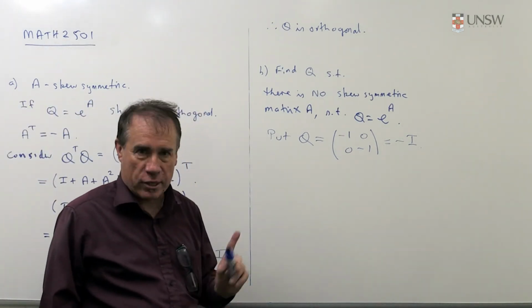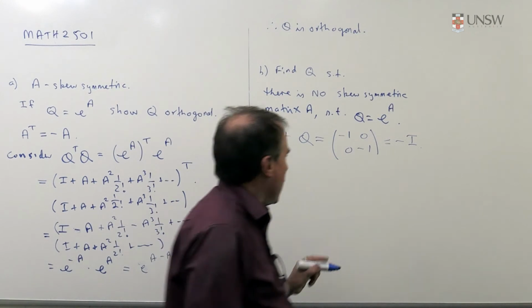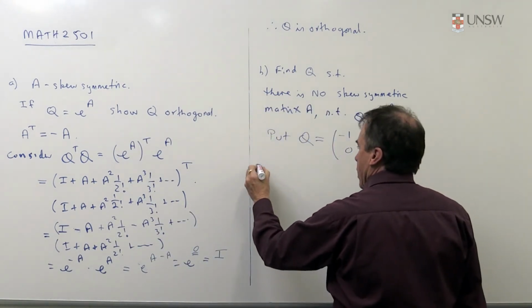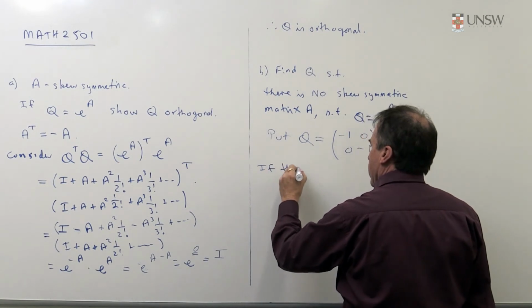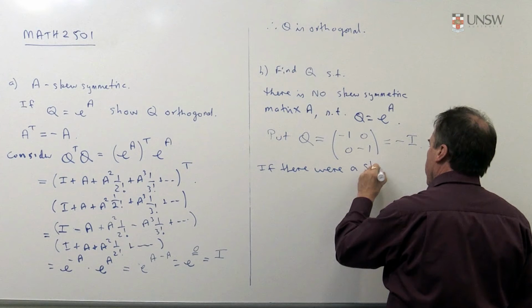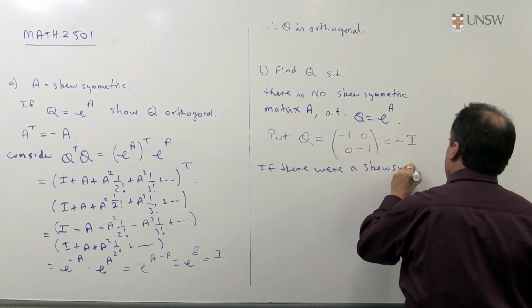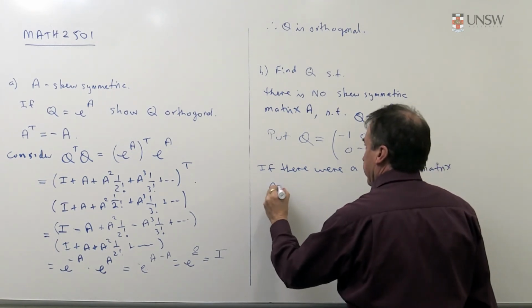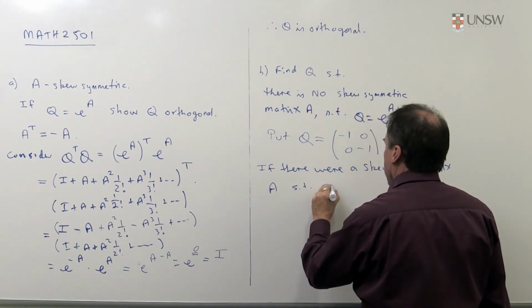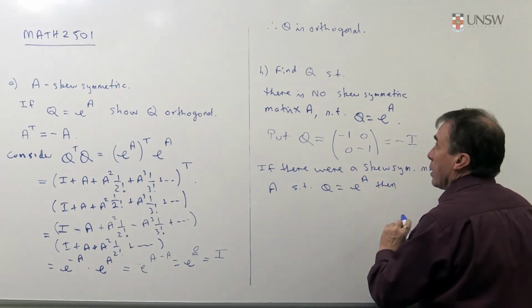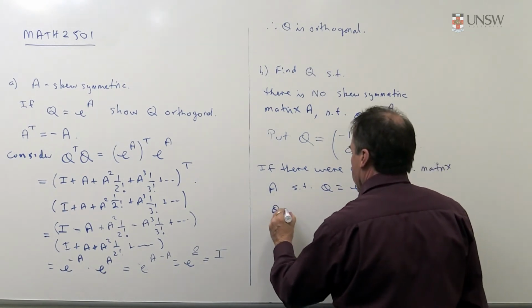Now I've got to show that it actually really doesn't work. So what do I do with this? Well, I use my part A. So if there were a skew-symmetric matrix A such that Q equals e to the A, then that would mean Q is orthogonal.